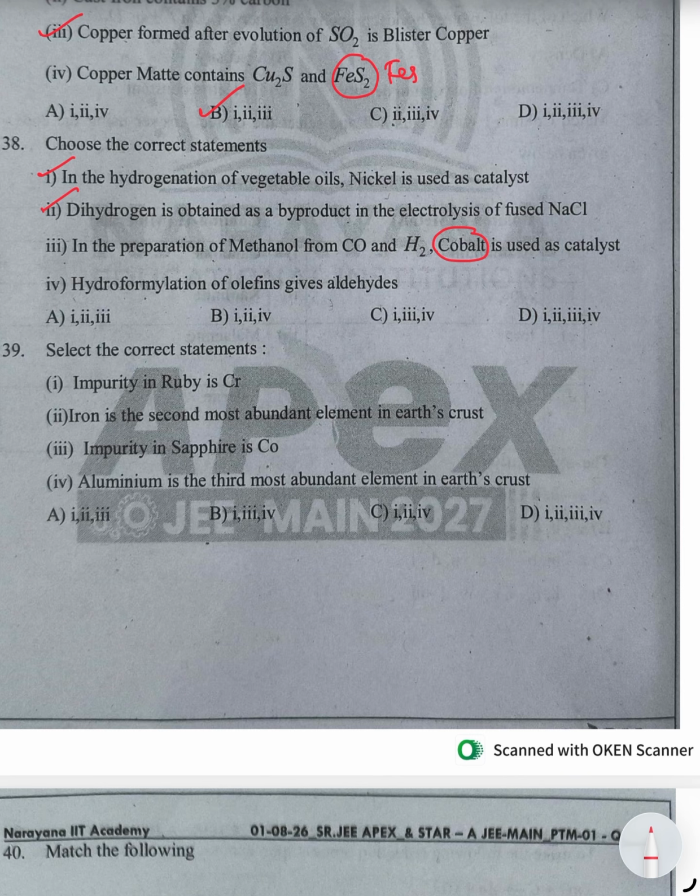Here the catalyst used is metals like copper, even Al2O3 also we can use, zinc oxide also we can use. So wrong statement. Hydroformylation of olefins gives aldehyde. This is correct statement. So first, second and fourth, B option is right.